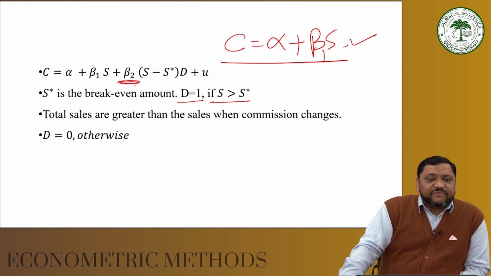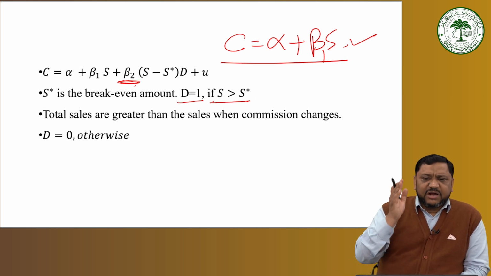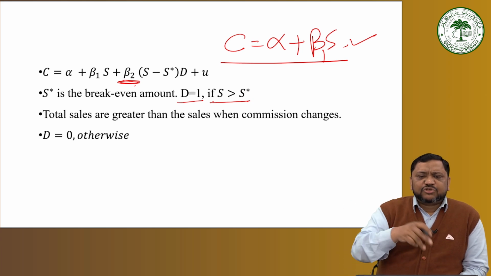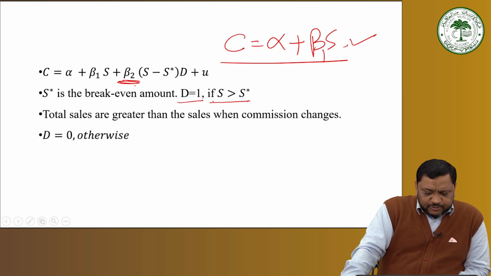In our case, the 100 unit sale, after that your commission changes. So after S asterisk your slope will be beta 1 plus beta 2.